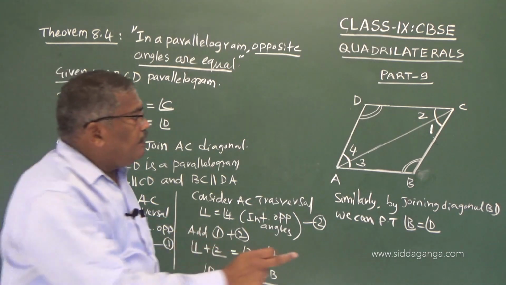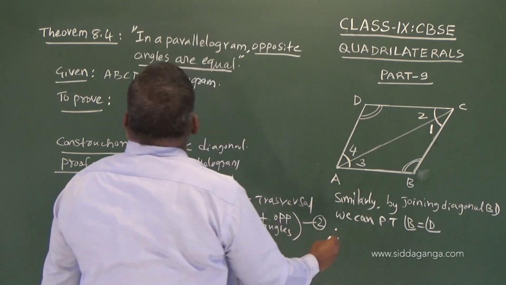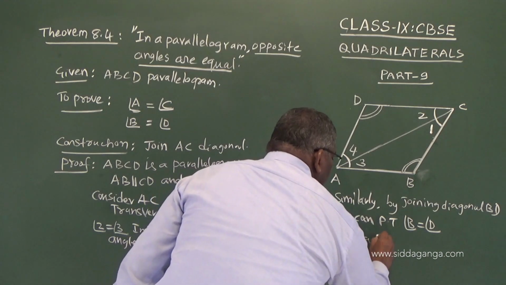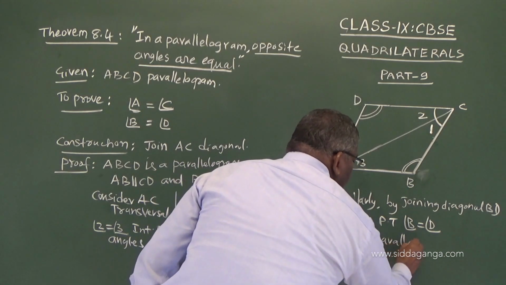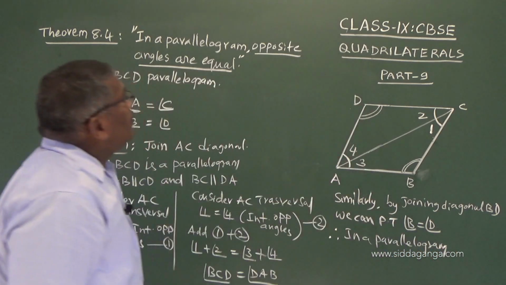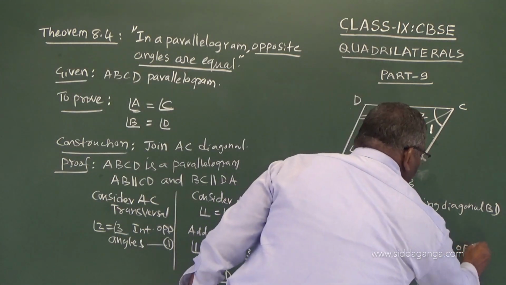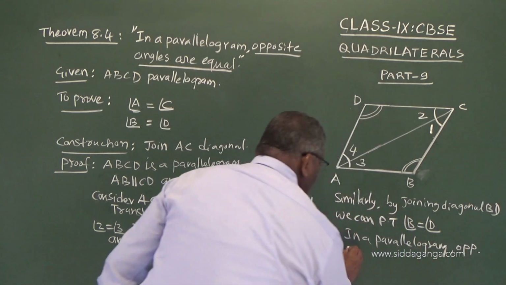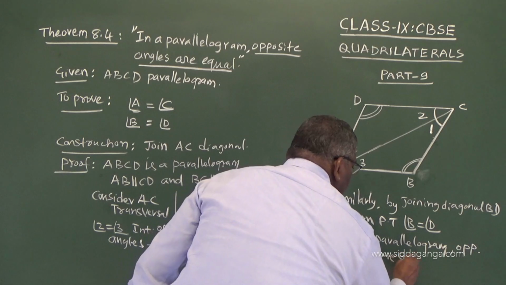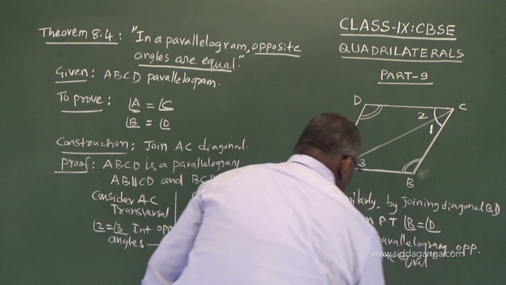They are opposite angles. So, therefore, in a parallelogram, opposite angles are equal. Hence, proved.